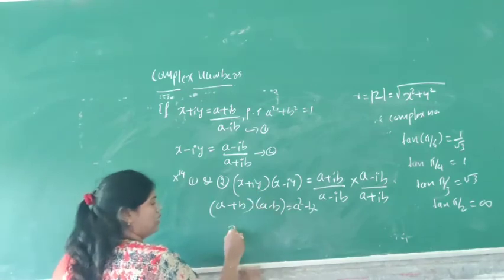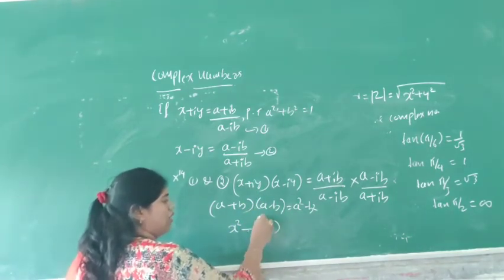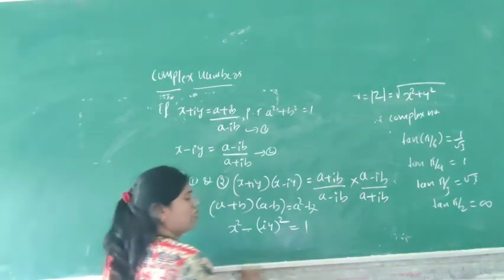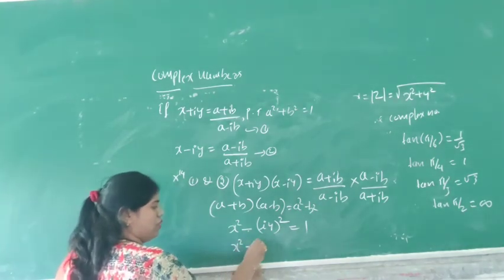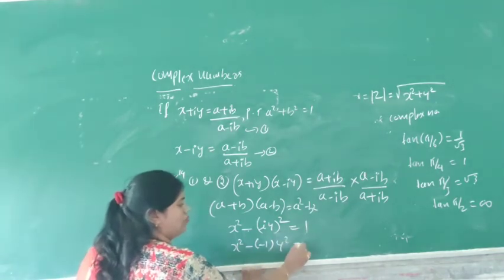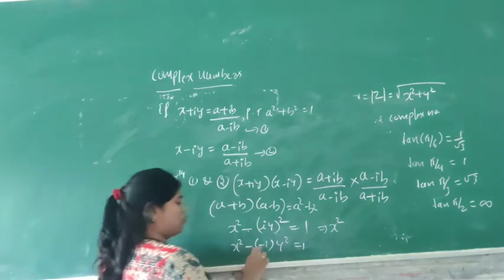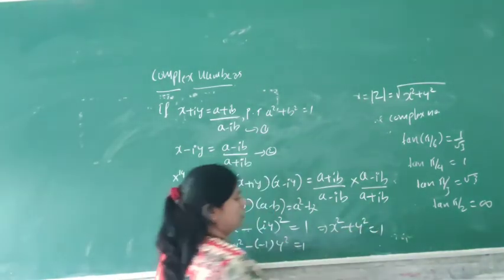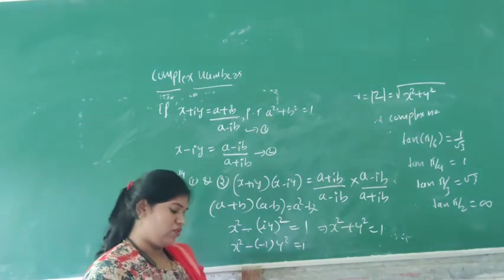So a square is x square, minus b square is iy square. On the right side everything will be cancelled. The remaining term is 1. So x square minus i square, whose value is minus 1, y square. Okay. So it implies x square minus into minus plus y square is equal to 1. x square plus y square is equal to 1.